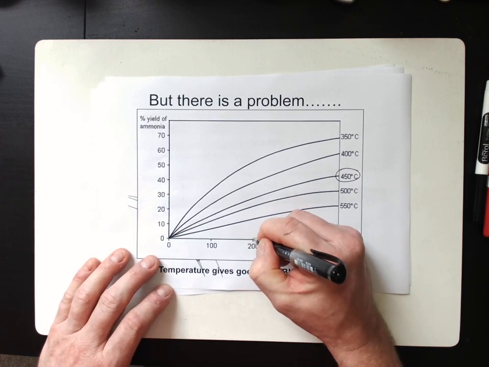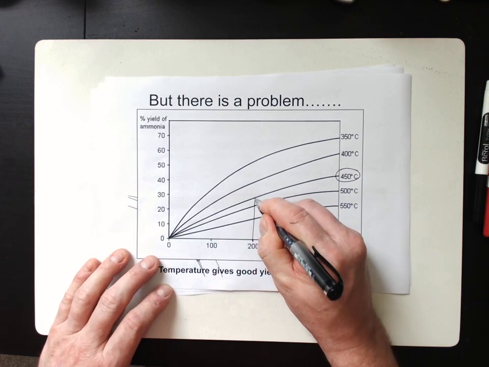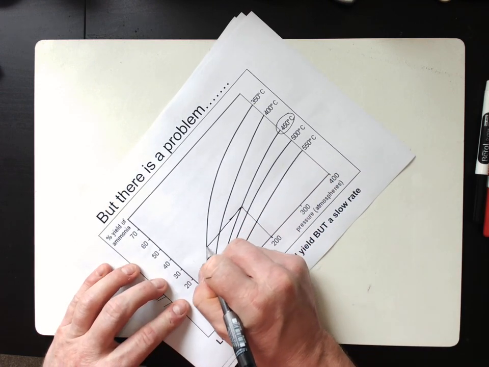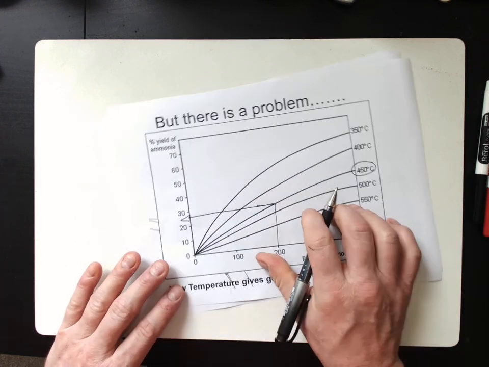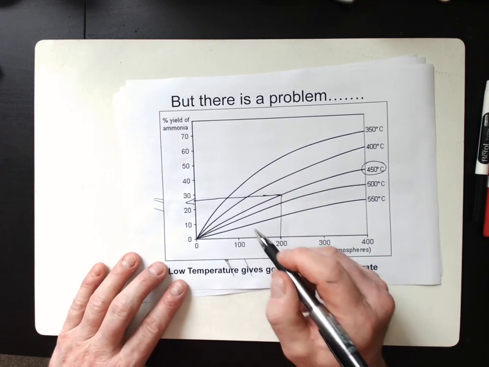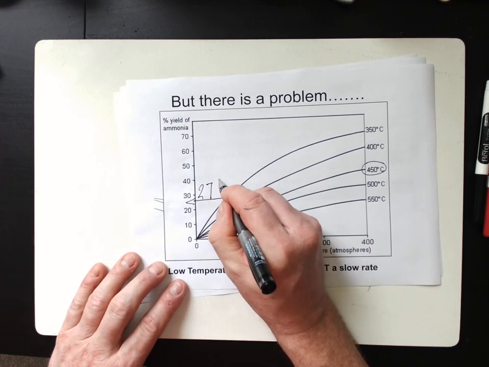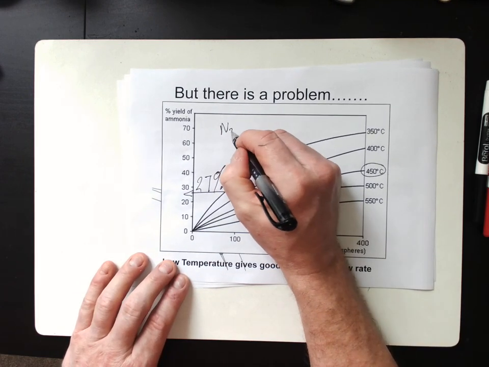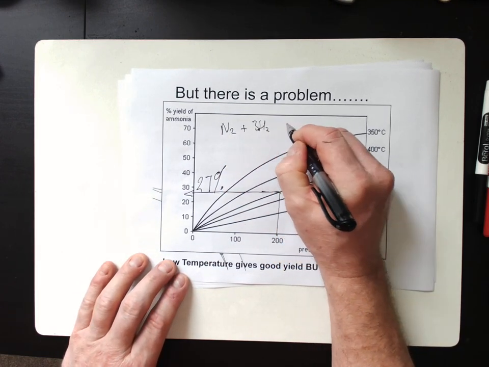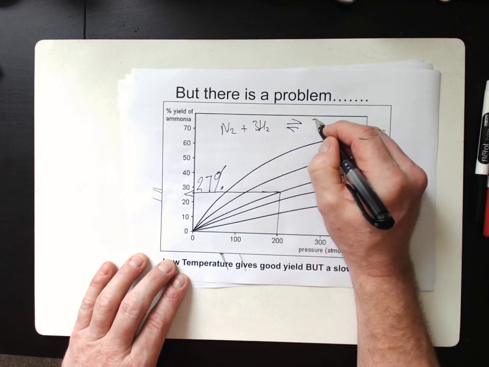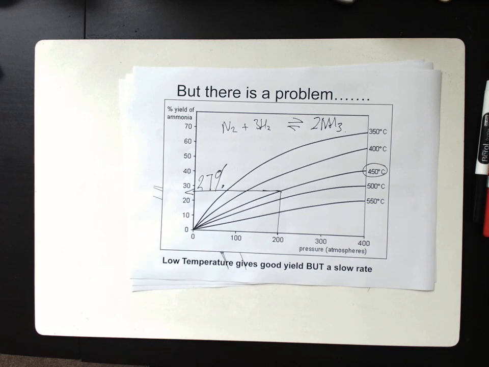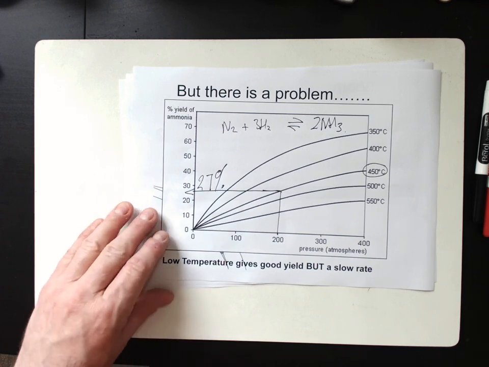The pressure that it runs at is about 200 atmospheres, which, if we go across, probably only gives us a percentage yield of about 27%. Now, if I'm taking my nitrogen and my hydrogen under these conditions, I'm only getting about 27% yield. So that seems really rather odd.